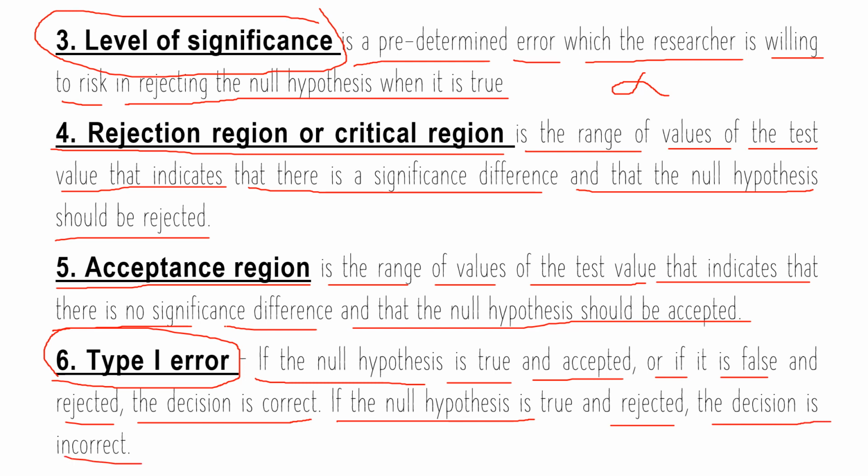So right after applying your test statistics and from our computation, your computed value falls on the acceptance region, meaning to say that we're going to accept your null hypothesis and your null hypothesis is true. Once we reject a true null hypothesis, that will be a type 1 error.